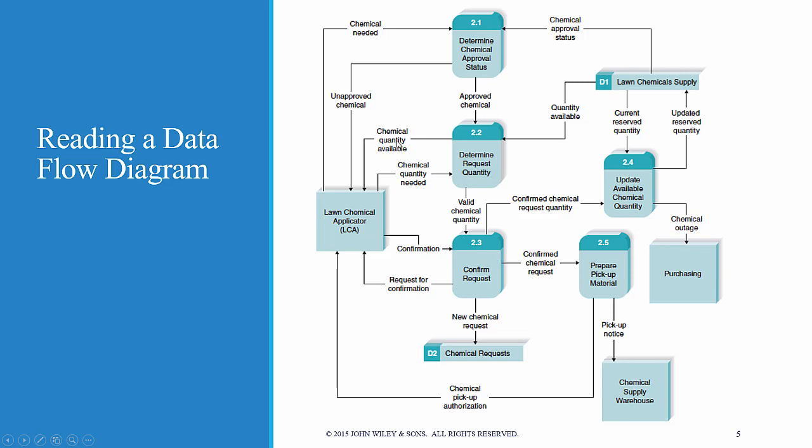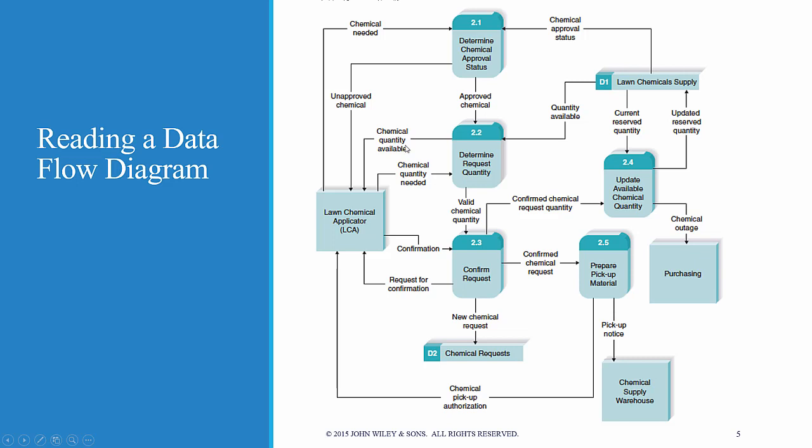Now, the arrows, which always start or end at a process, are data flows. They contain data that's being sent to or from other processes, data stores, or the external entities, the squares that we haven't discussed yet. Now, the book likes to talk about data flows as being a single fact, such as a quantity available, or a logical collection of several facts, such as a new chemical request.